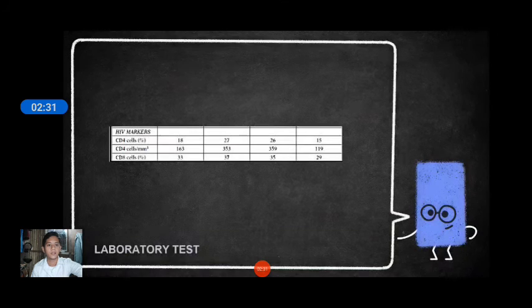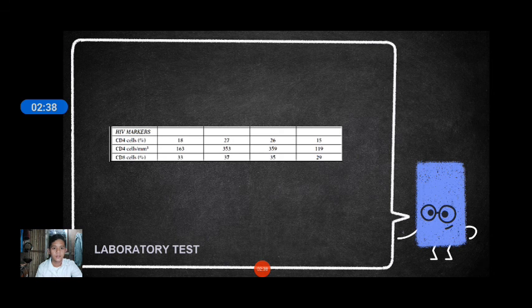So as you can see in the laboratory test of the patient, under the CD4 cell, in this visit column, he only had a 119 count. So since it's below 200, he is already considered a person with AIDS.